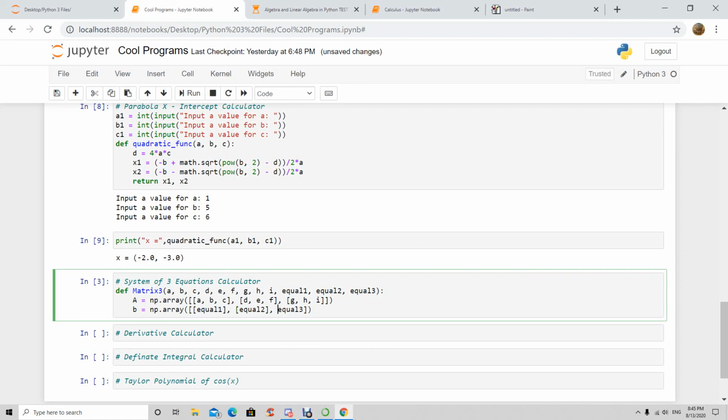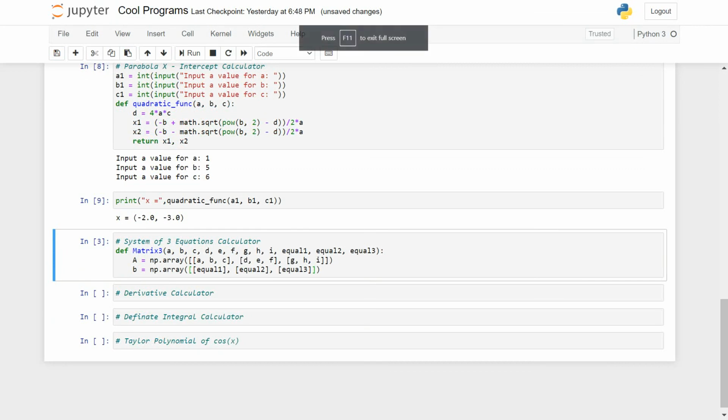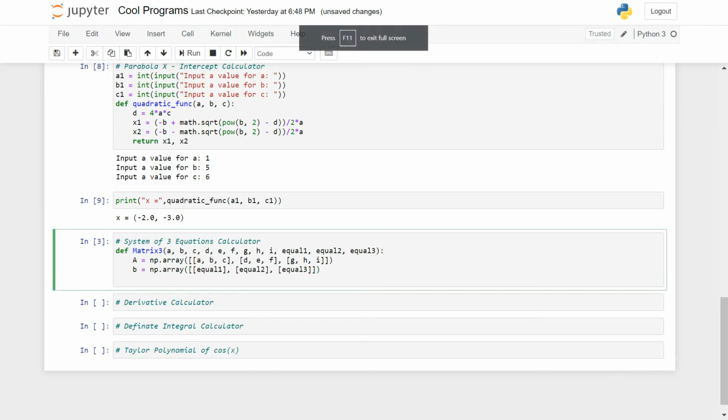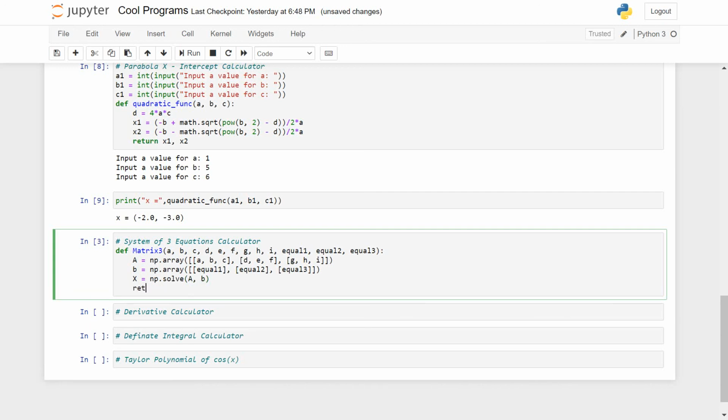Except this is a matrix here. Alright. And then basically our x is just going to be equal to, I think this is the command, np.solve. Not actually sure. We can quickly check though. And then we just want to return our x here. We can quickly check if we run this.